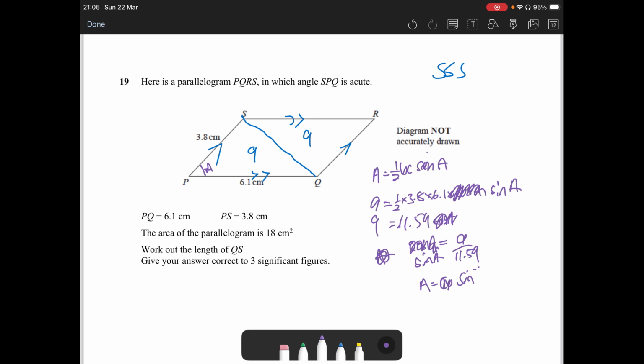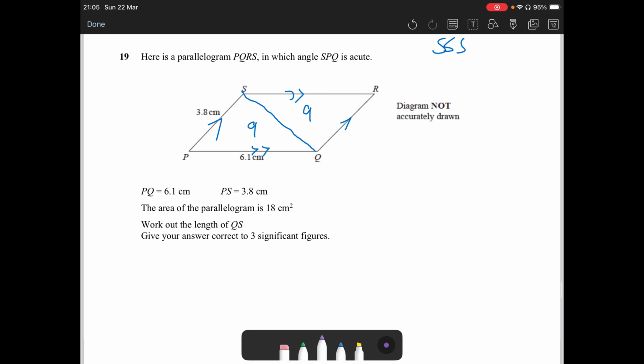Sine inverse of 9 over 11.59. And let's do that. Shift, sine 9 over 11.59. And I'm getting an angle of 50.94 degrees.